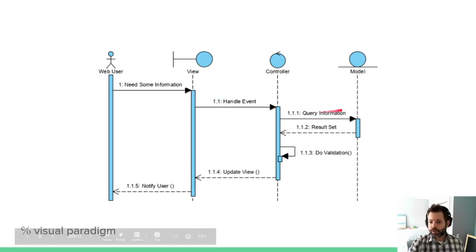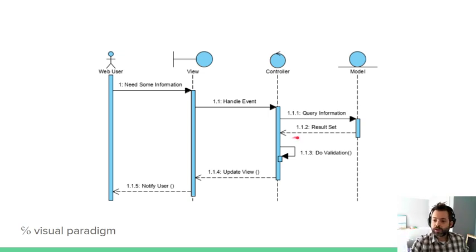So controller handles the event, sends the query to the model, looks up in the database, returns the results. Again, we don't care who called us or where it's coming from. We just know we have to get data, package it up, send it out. Right, so the controller then receives that result set. Let's validate it in the controller because you should always validate.